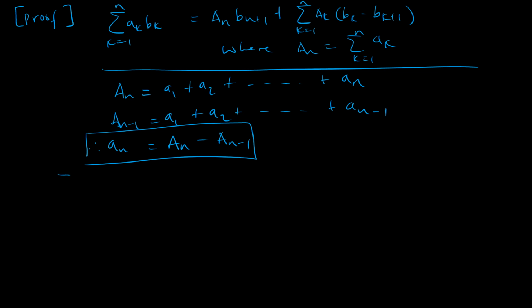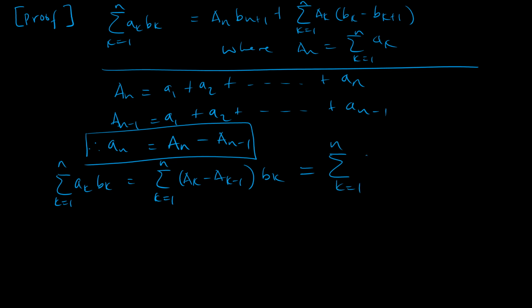So that means that our summation from k equals 1 to n of a_k b_k is the same as the summation from k equals 1 to n, in place of a_k we have (A_k minus A_{k-1}) b_k, which is equal to the sum from k equals 1 to n of A_k b_k minus the sum from 1 to n of A_{k-1} b_k.